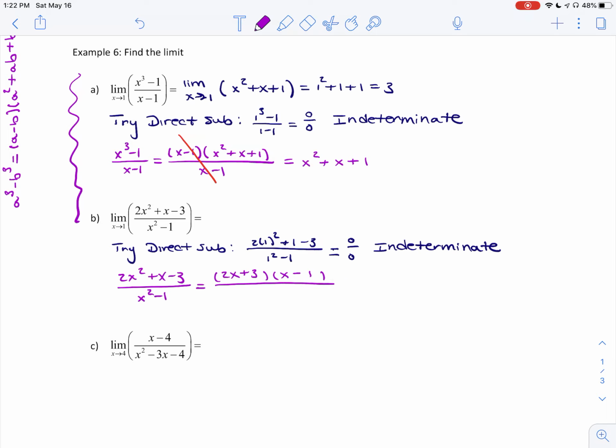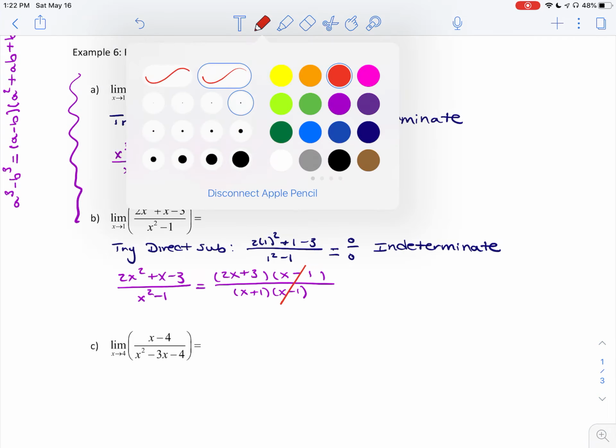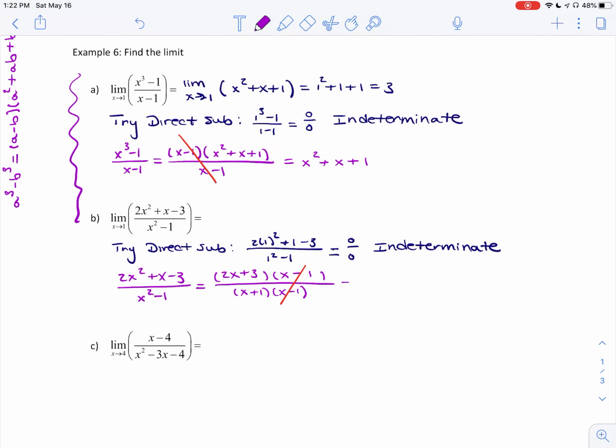And then our denominator is just a difference of squares, so x plus 1 and x minus 1. And once again, we'll see we have a common factor that cancels out. And we can just simplify this down to 2x plus 3 all over the quantity x plus 1.